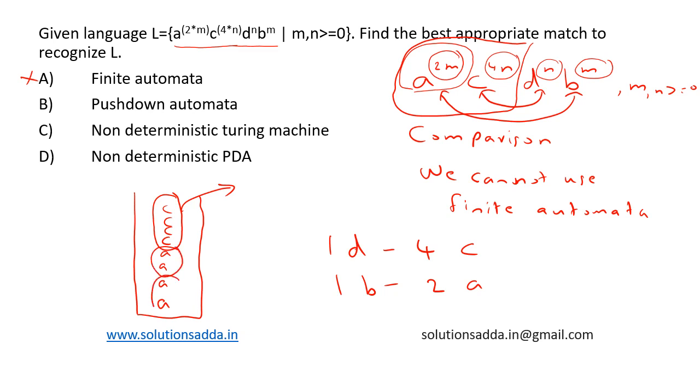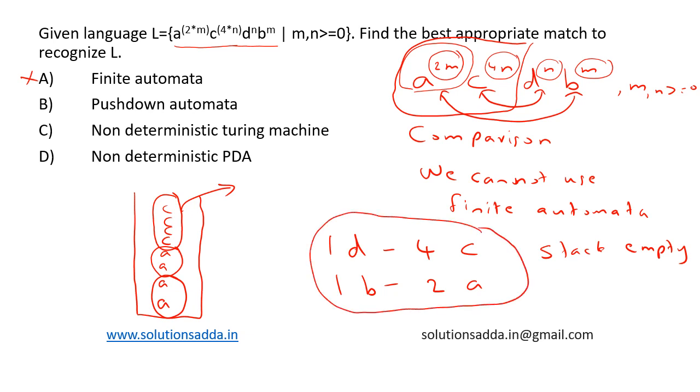For another b we pop 2 a's. So in the end, if the stack is empty upon performing this operation, that is, for 1 d 4 c's are popped and for 1 b 2 a's are popped, we can say that the language L is accepted.